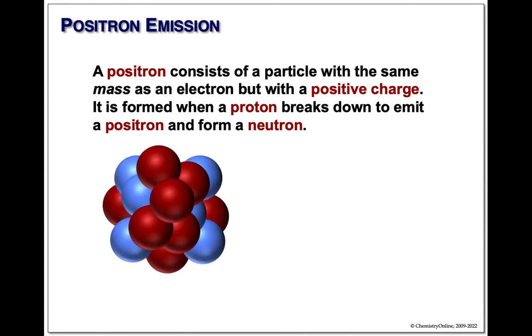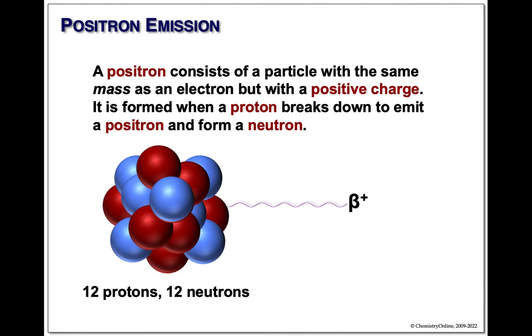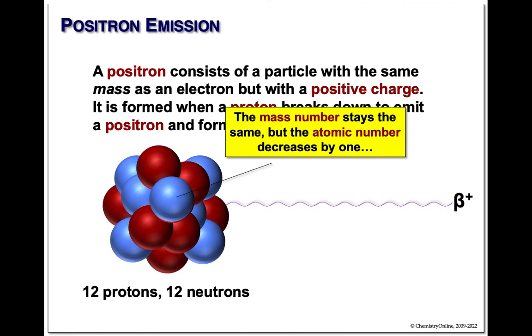Here's our nucleus, 13 and 11. One of these protons decides it doesn't want to be a proton anymore, loses its positive charge. This is our positron. It's a positive electron.